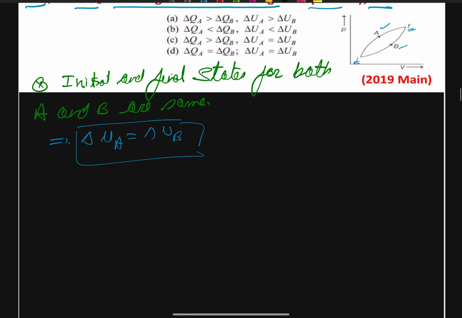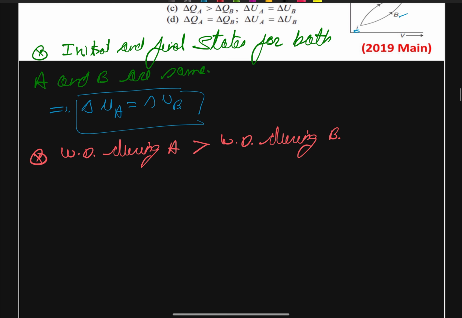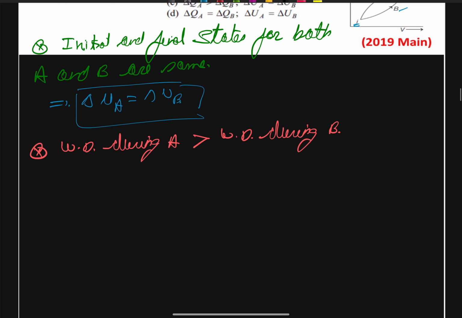And we can say that work done during A is greater than work done during B. And from first law of thermodynamics we can write that work done for A is greater than work done for B.